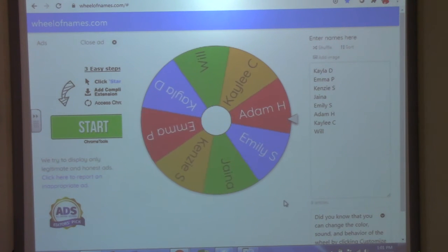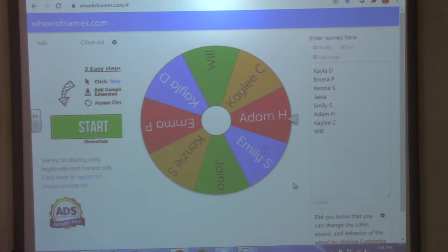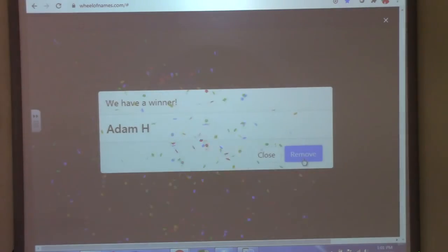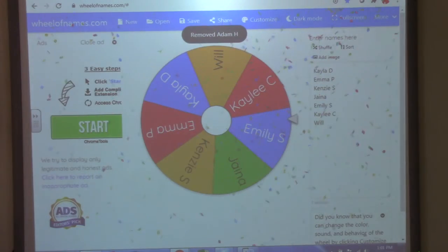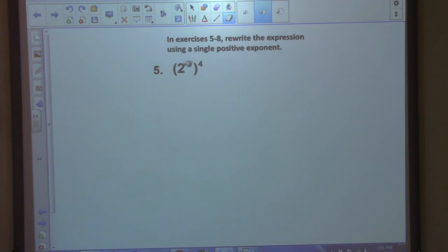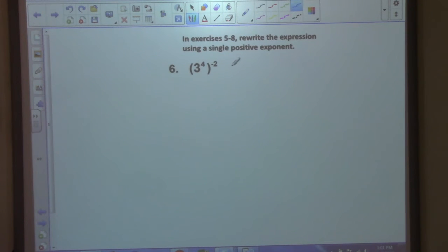Okay, what do we have for number 6, Adam? 1 over 3 to the 8th power. Okay, 4 times negative 2 is negative 8. So you kind of skipped a step there, but that's it, right? Okay.